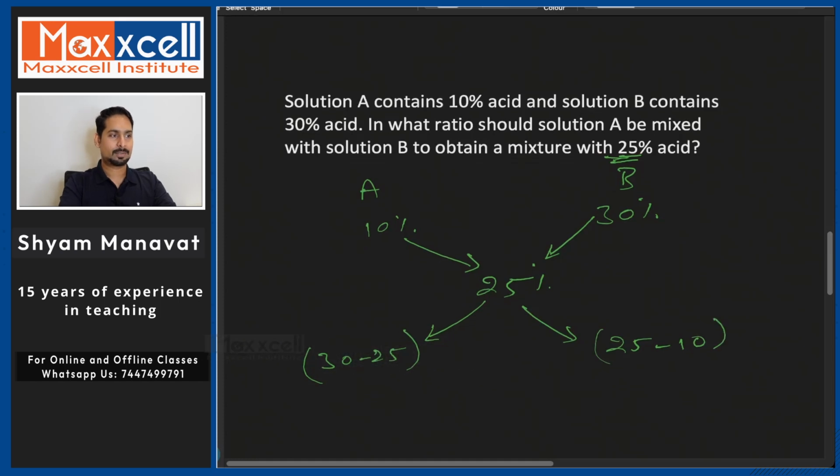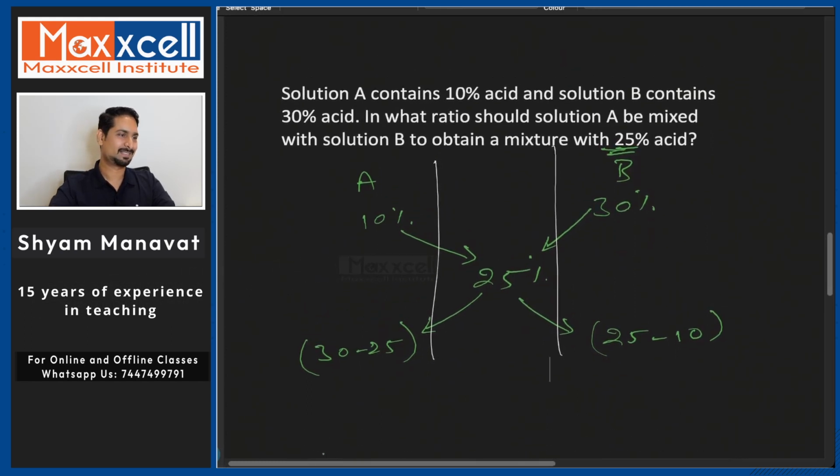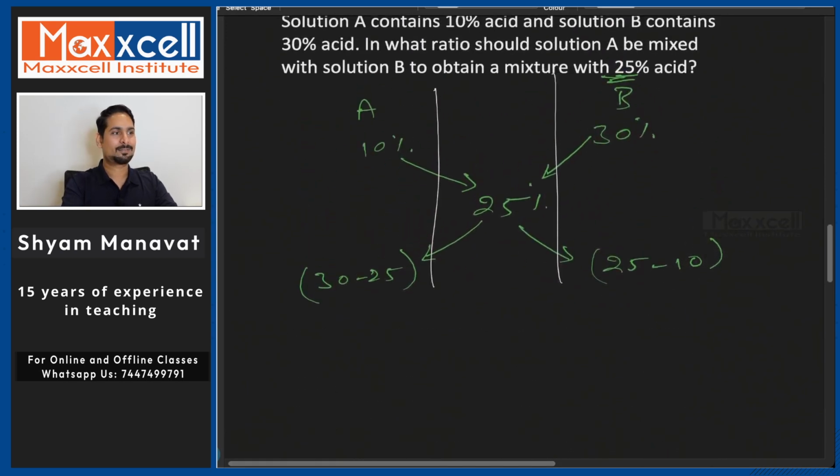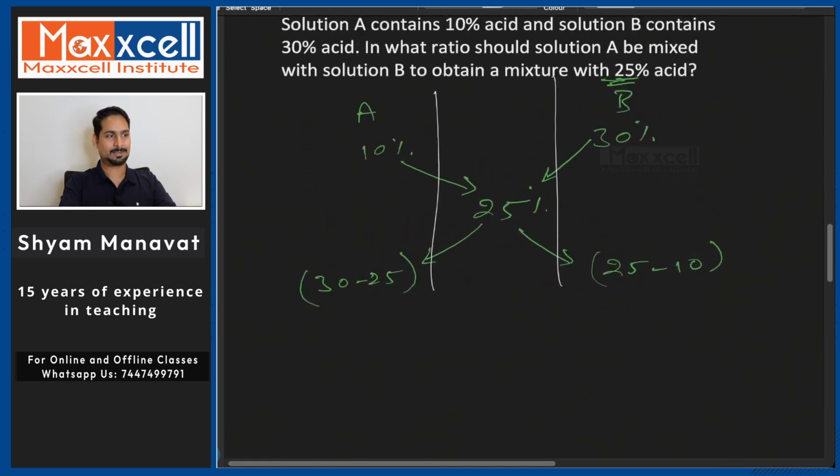And you know what? By doing so, you got the answer. Yes, guys, you got the answer. What is the answer? By applying this concept, you will get the quantity of A divided by the quantity of B. The quantity of A is this part.